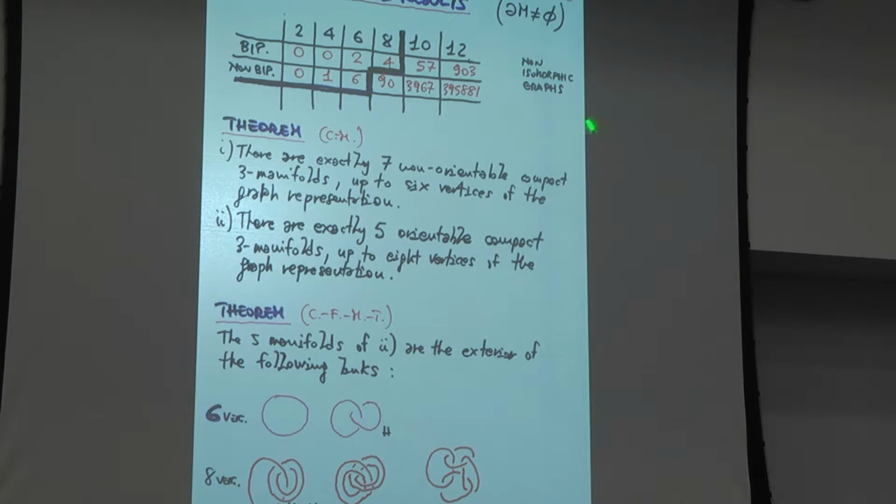So instead of considering all manifolds, bipartite, non-bipartite, and with all types of boundary components, we concentrate our attention on orientable ones, with toric boundary, connected or not, usually not connected, because there are a lot of links in this first example.